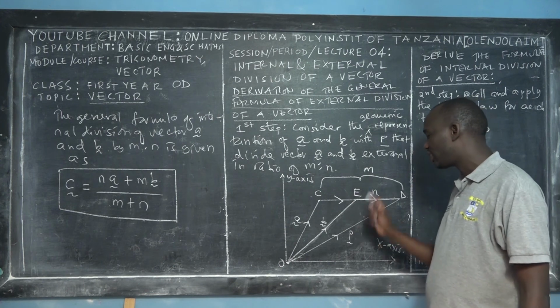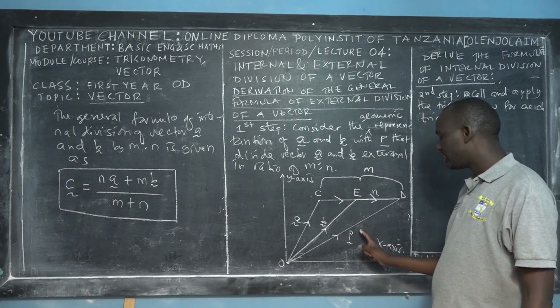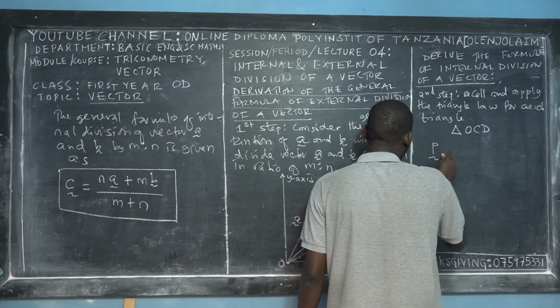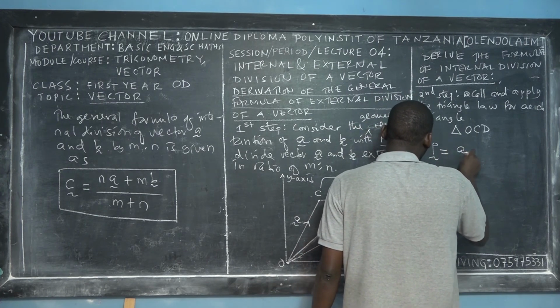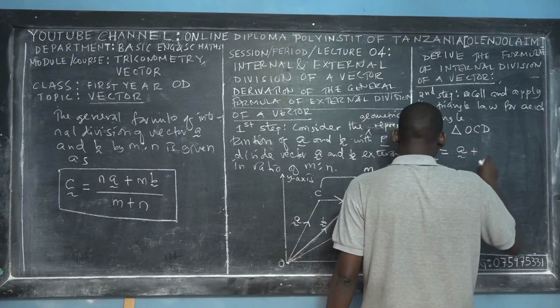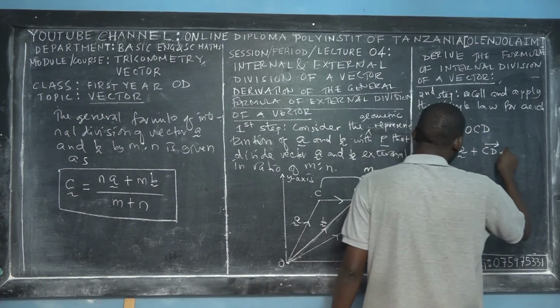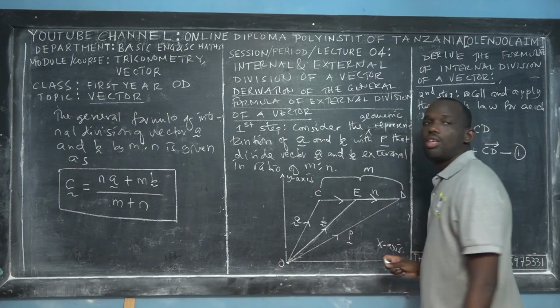This is the resultant vector, vector P. According to the triangle law, vector P will be equal to the sum of vector A plus the displacement vector, which is vector CD. So this is our first equation.